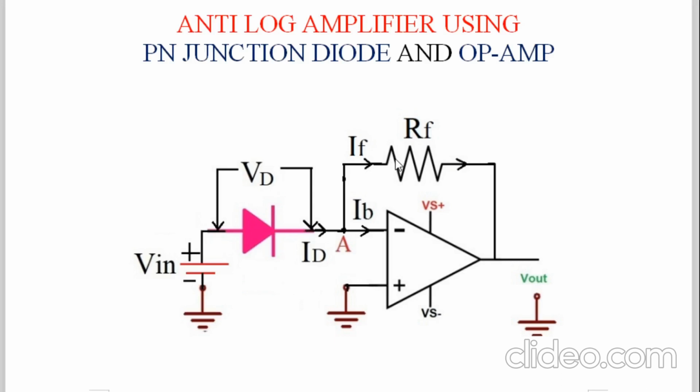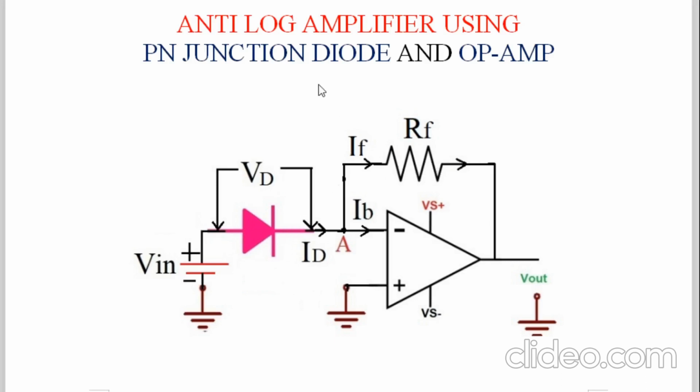In an integrator, there is a capacitor in the feedback path and input resistance Rn. But in a differentiator, the capacitor comes at the input and the feedback resistor is there. So the resistor is replaced by a capacitor and the capacitor by a resistor.